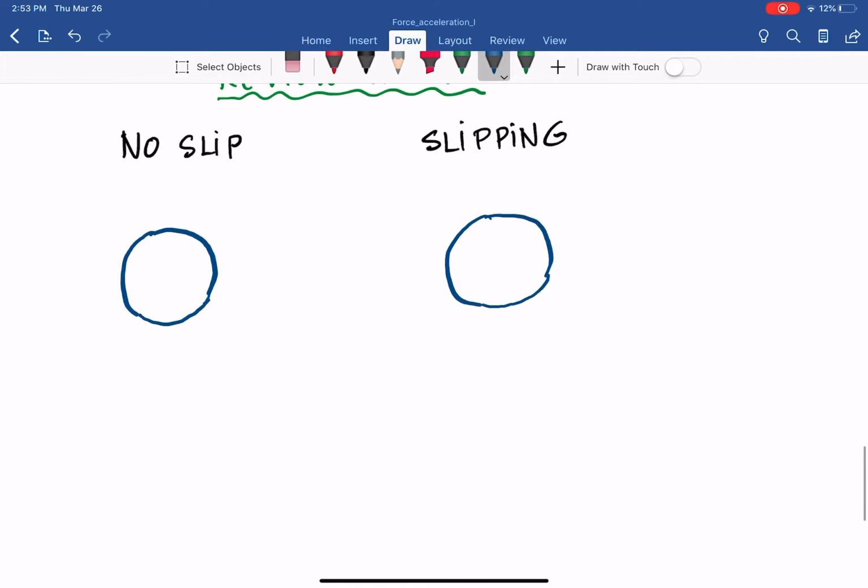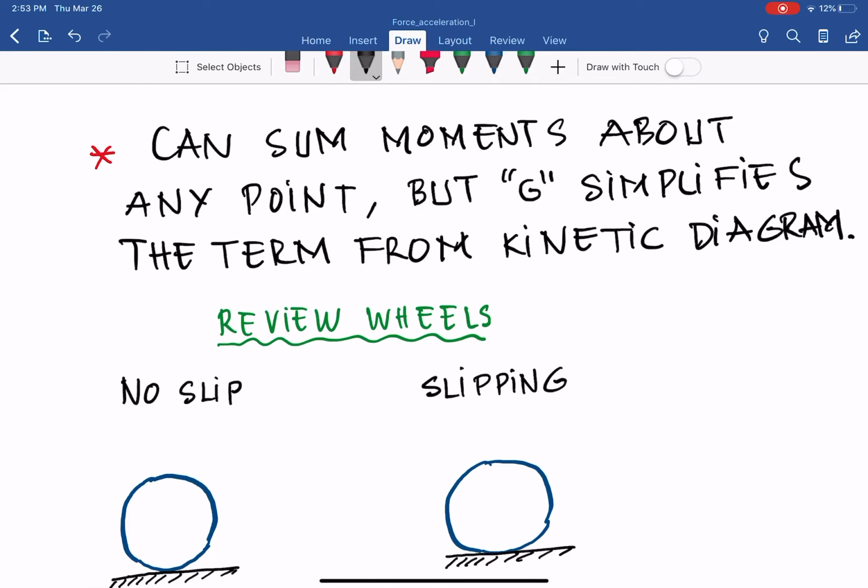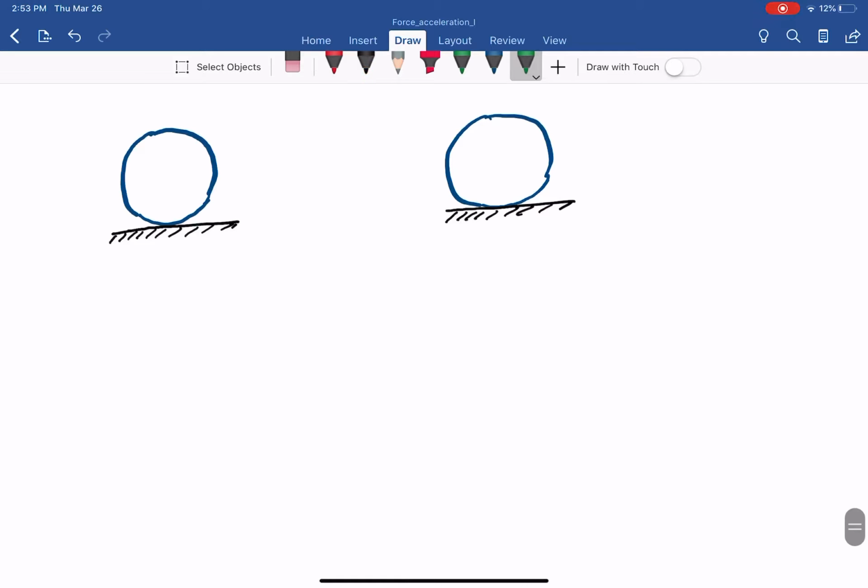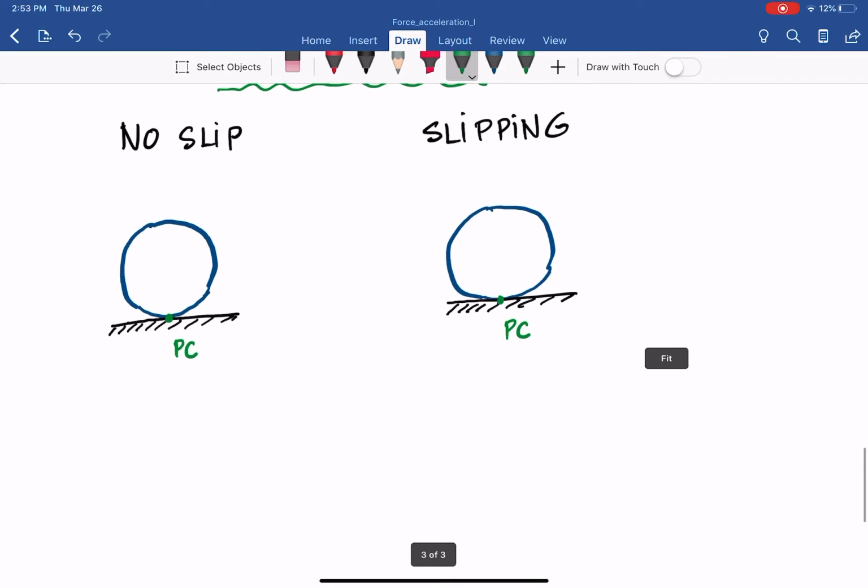So let's say the wheel is rolling on a fixed ground, fixed surface. This point is PC, point of contact. Not personal computer in this class, right?